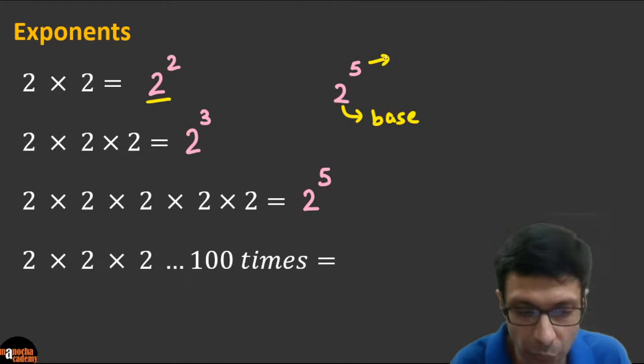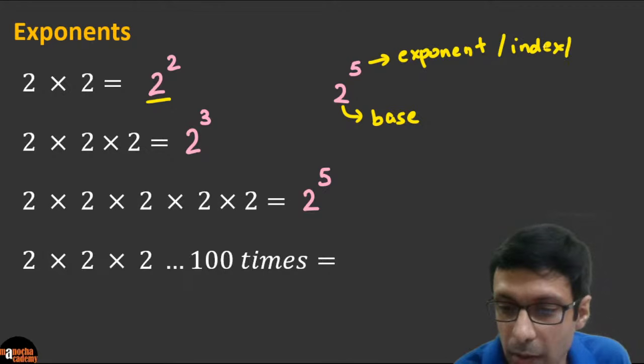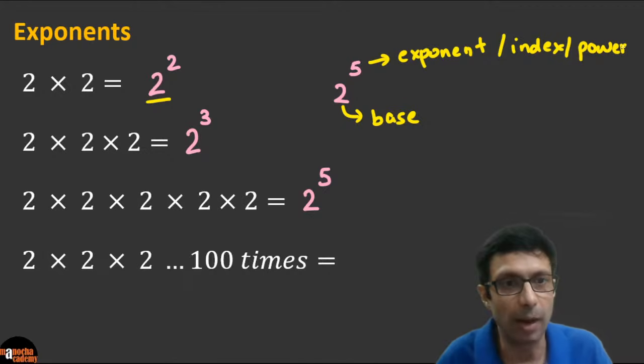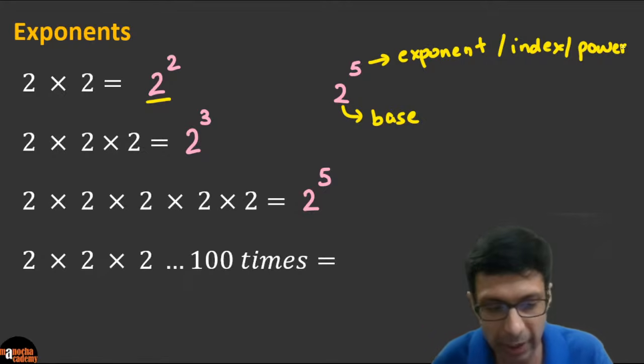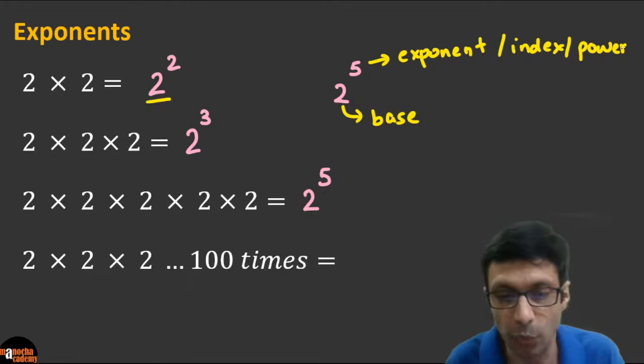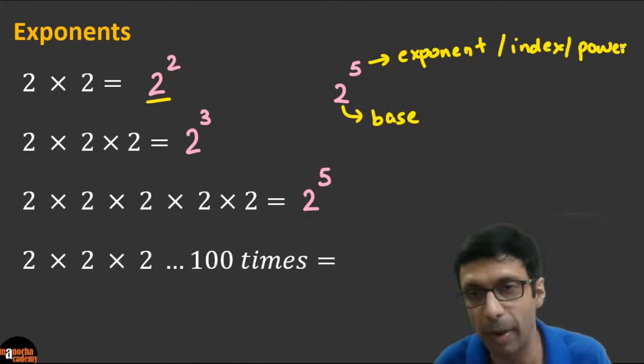Come on. So 5 is known as the exponent, or it's also called the index, or simply we call it the power, right? So these are the terms used. So the number is called the exponent, the index or the power, and 2 is called the base here. So we say 2 raised to the power 2, 2 raised to the power 3, or 2 raised to the power 5.